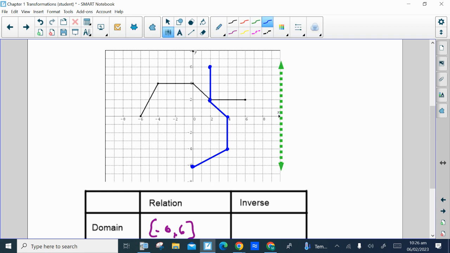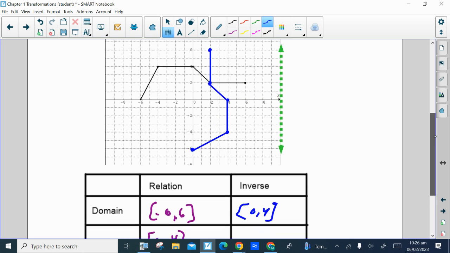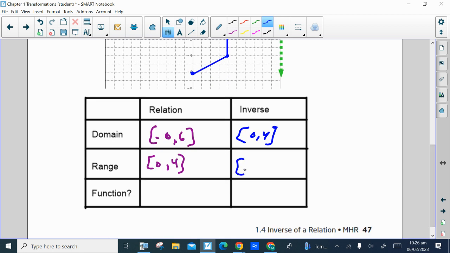Also, the domain of this graph goes from 0 to 4, which is the range of the original relation. And the range of the new graph goes from -6 to 6, which again is the domain of the original function. The original relation was a function, but the inverse was not.